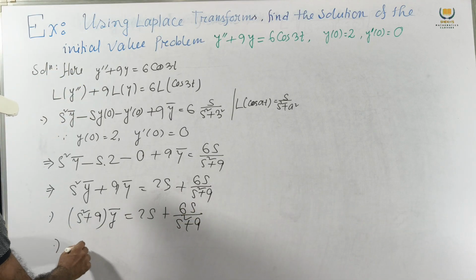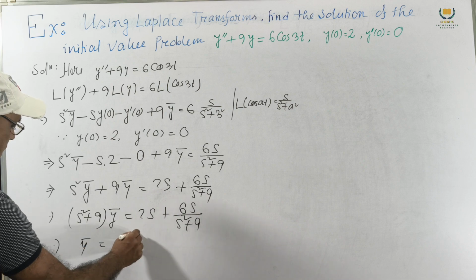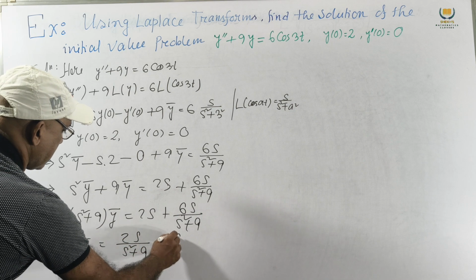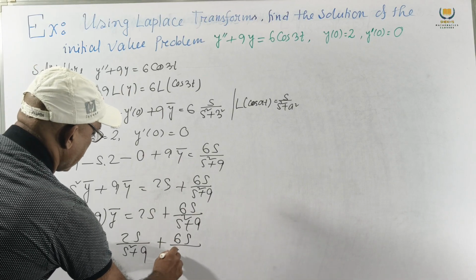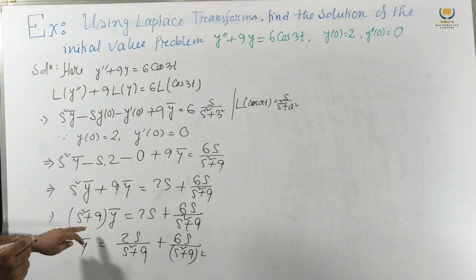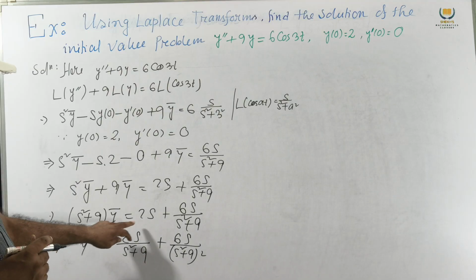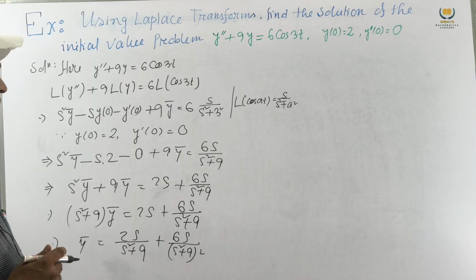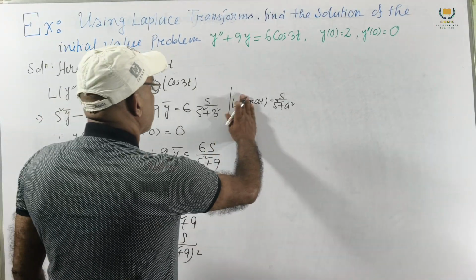Dividing both sides by s square plus 9, y bar equal to 2s by s square plus 9 plus 6s by s square plus 9 whole square.